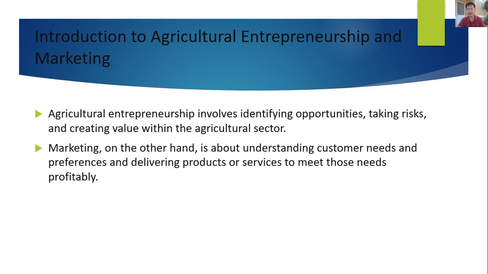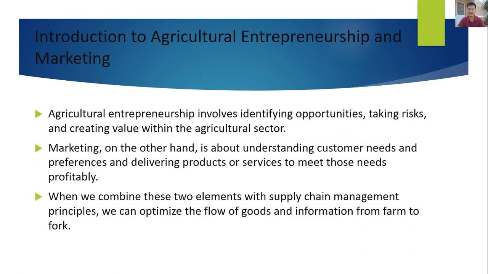Marketing, on the other hand, is about understanding customer needs and preferences and delivering that product or service to meet those needs profitably. So, when we combine these two elements with supply chain management principles, we can optimize the flow of goods and information from farm to fork.